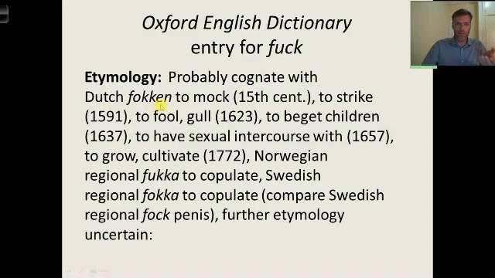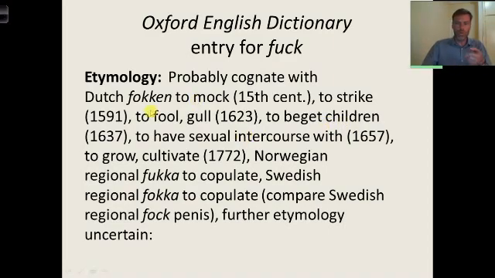We've got this verb volken, and they trace the meaning of it. In the 15th century, it meant something like to mock, to strike. In the 16th century, then you get up to the 17th century, to fool or to gull, or to beget children, now starting to look a little more close to English fuck. And then to have sexual intercourse in 1657, to grow or to cultivate, that seems to go along with some of these others, like to beget children.